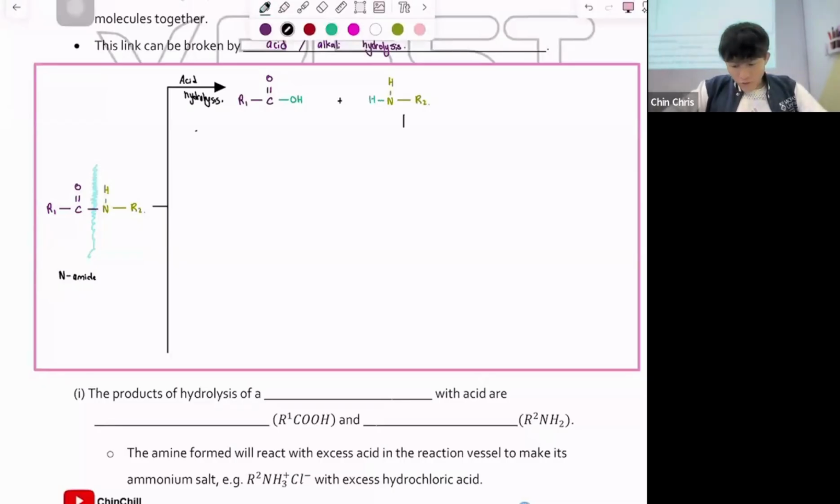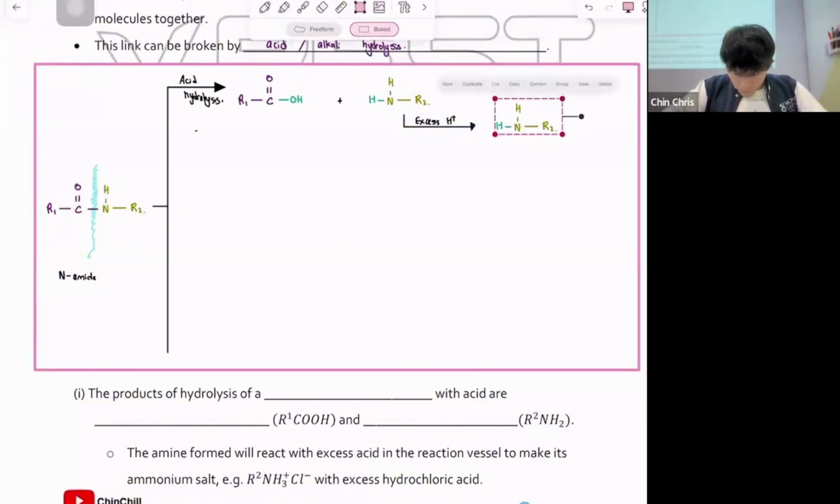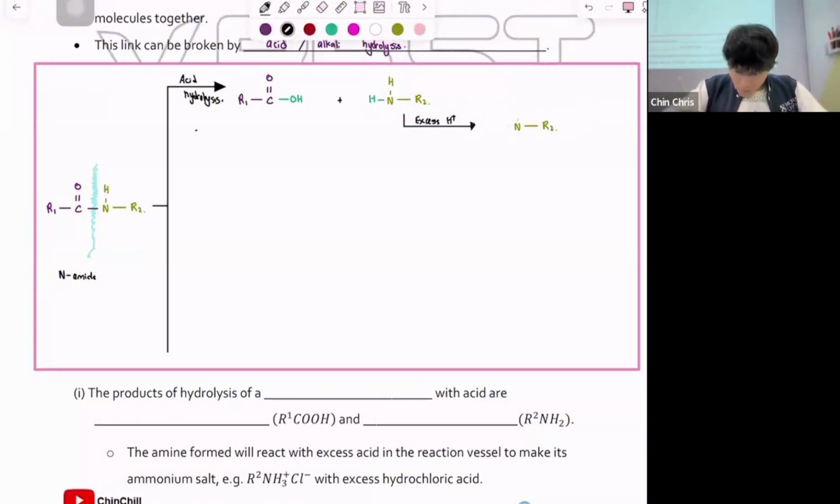Let's say you have excess acid, then the amine will turn into NH3 plus. Done. A salt.